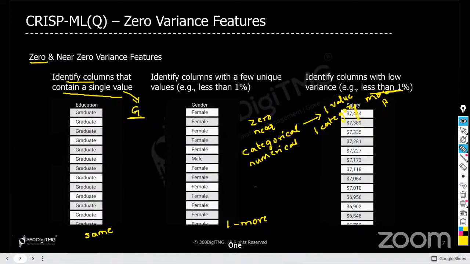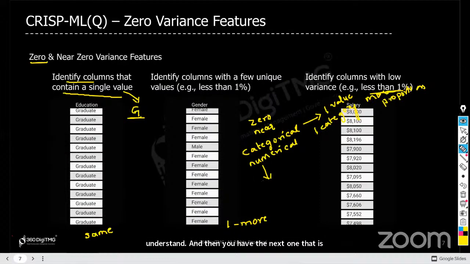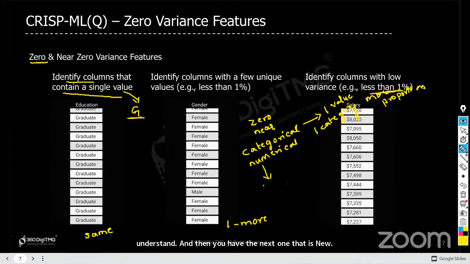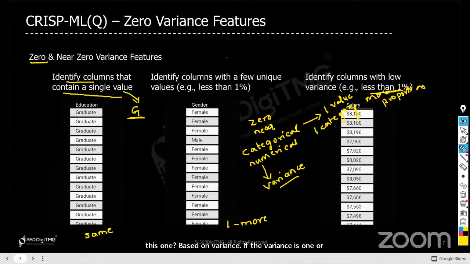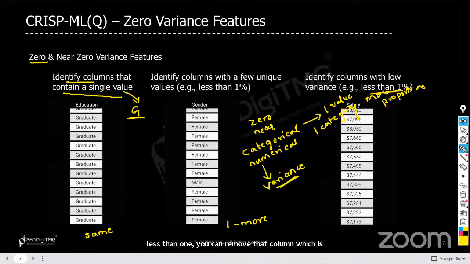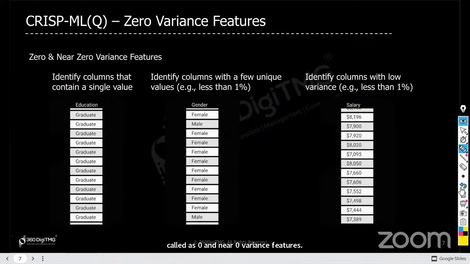And then the next one is the numerical column. How can you identify it there? Based on variance. If the variance is 1 or less than 1, you can remove that column, which is called zero and near zero variance features. This is another pre-processing step.